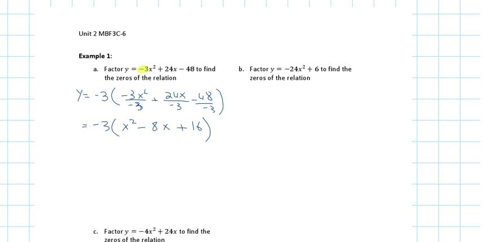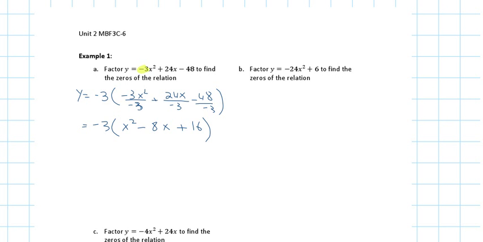Now, after I took out my greatest common factor, what's the next question that I'm going to ask myself? Inside the bracket, do I have a binomial or a trinomial? Trinomial. Trinomial, that means I have to look at sum and product.